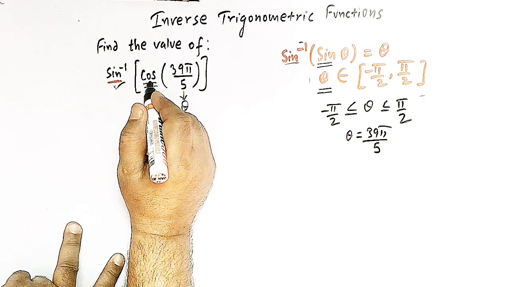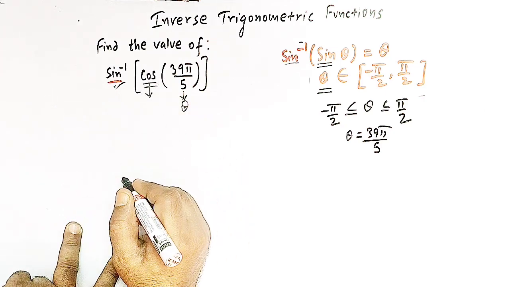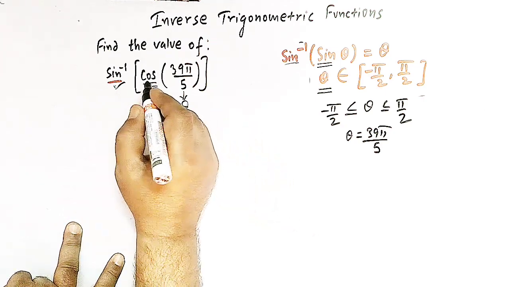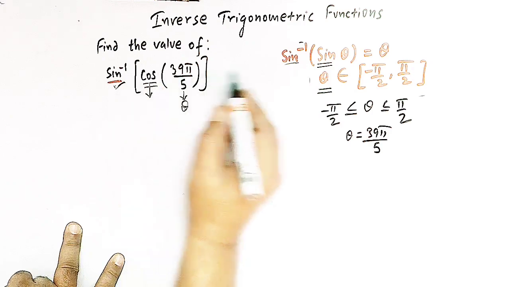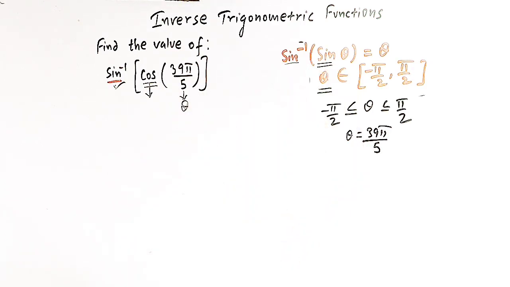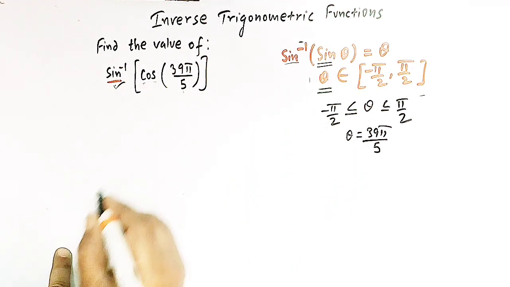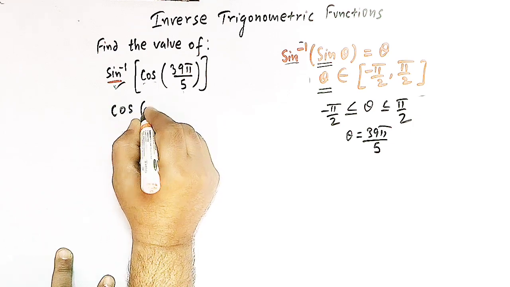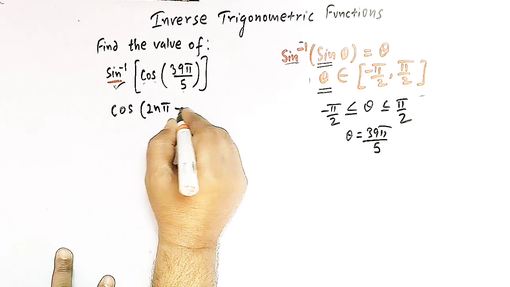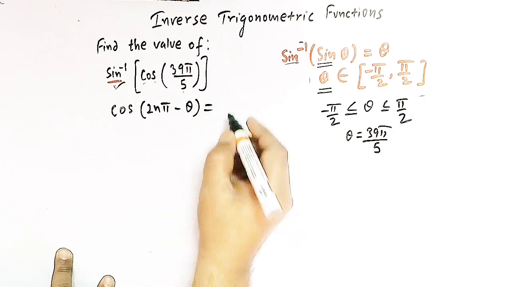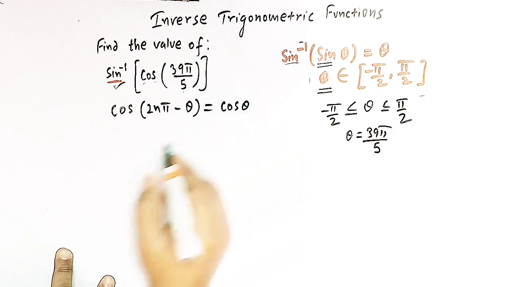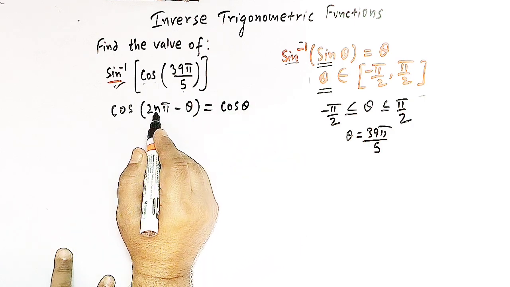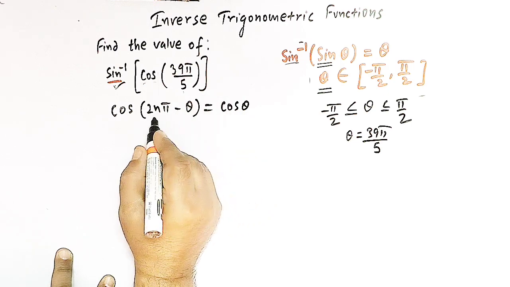So here the first trigonometric identity which we are going to use is to convert this cosine function into a sine function. So here we use this identity, that is cosine 2n pi minus theta is equal to cosine theta, right? And here n is some integer.